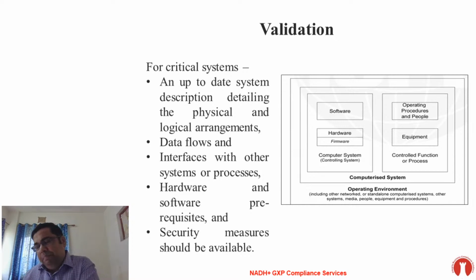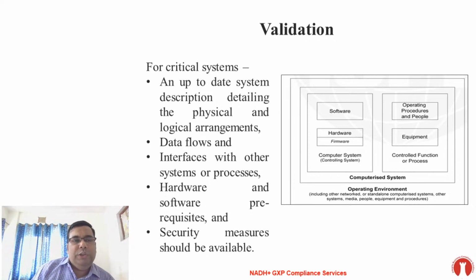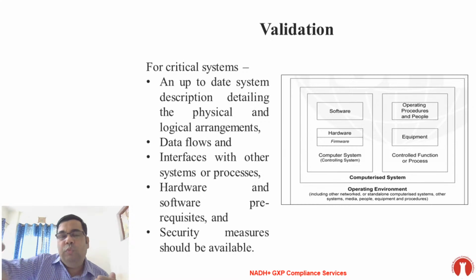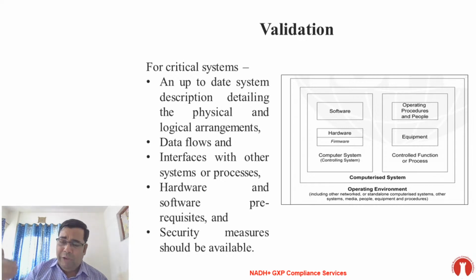From tape, it will be transferred to some particular location. This is called data flow. Why is this important? If some problem or failure is there in the data, you will come to know during investigation how much data is saved and how much data is impacted.